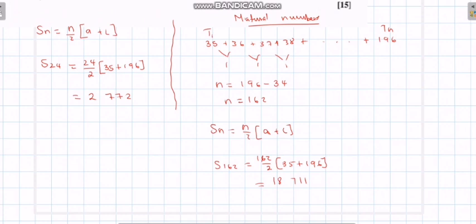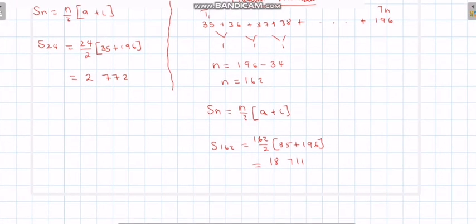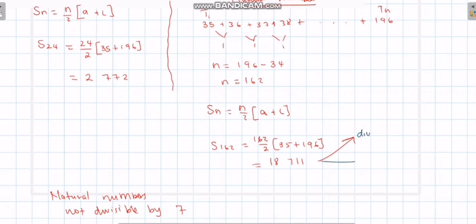Now what are we looking for? We're looking for the natural numbers which are not divisible by 7. Don't forget, this number includes numbers which are divisible and numbers which are not divisible by 7.